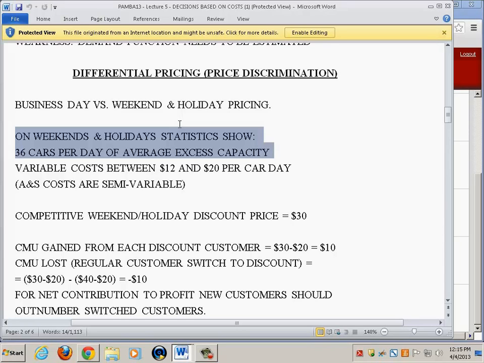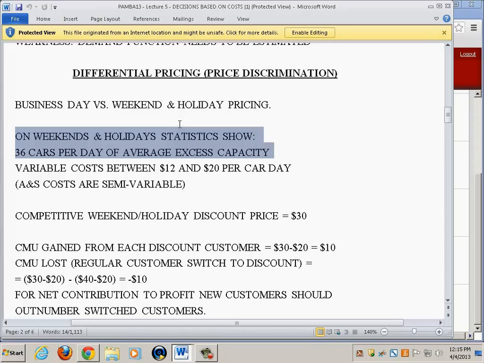But if you can rent a lot of other cars at a discount price, many car days, then you may need an extra person. And then maybe the variable costs are $20. So you have to be careful.